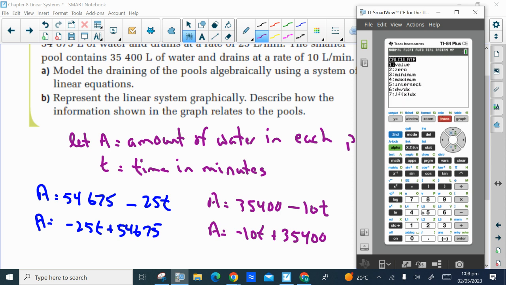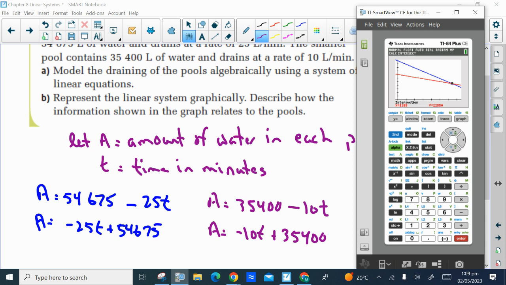Second function trace, number 5 for intersect, enter, enter, enter. Why is it doing that? Try it again. Second function trace, number 5 for intersect, enter, enter. Let's set my guess at 1,000.